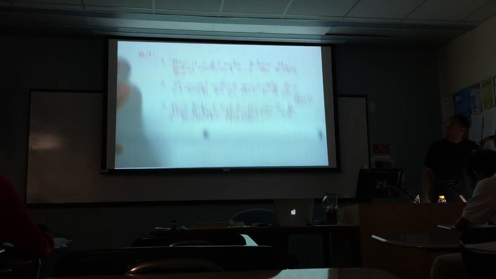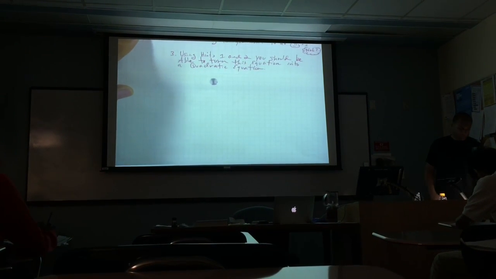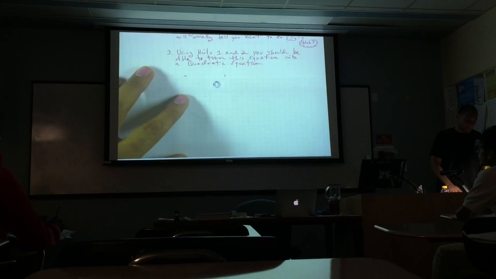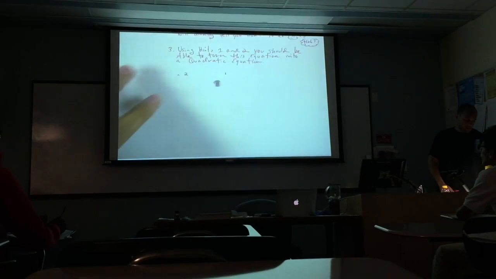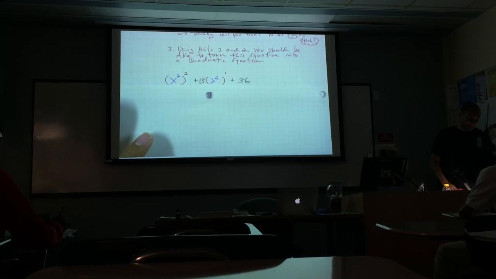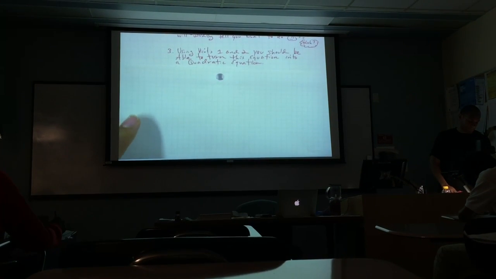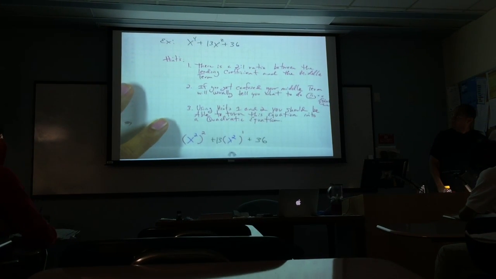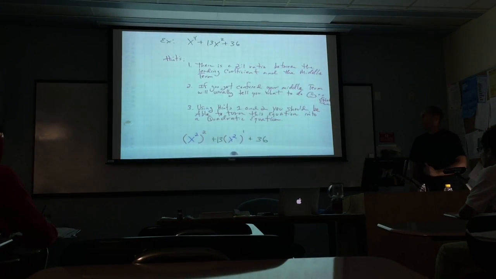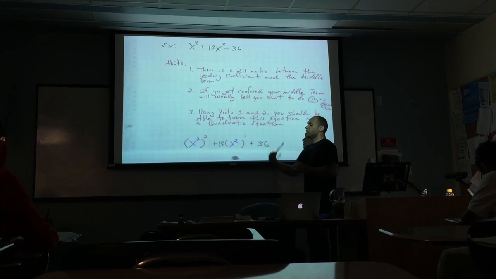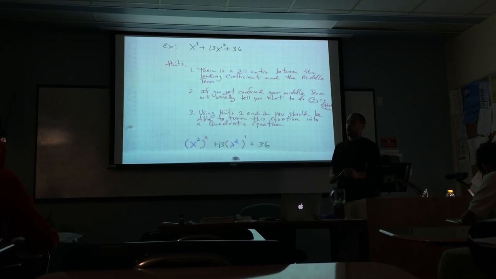So let me slide this up forward here. Let's proceed. Take a look at what I did here. How do I take this and turn it into a quadratic equation?